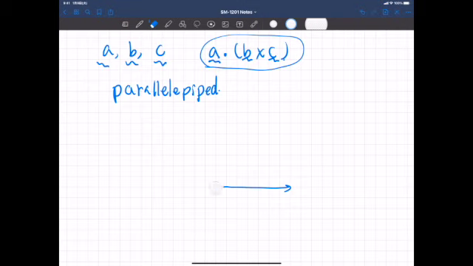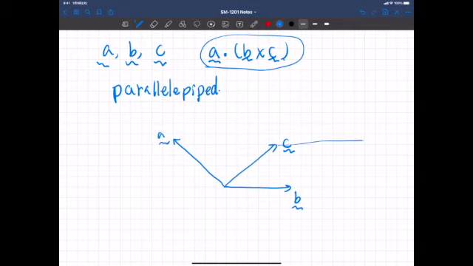Maybe it's easier if we consider B, C, and A. So we have this parallelogram, and we have this parallelogram.